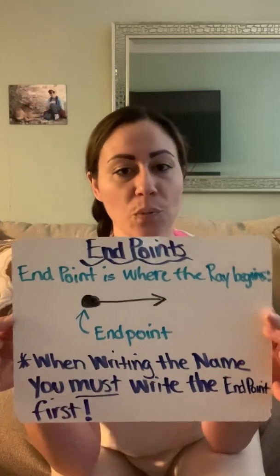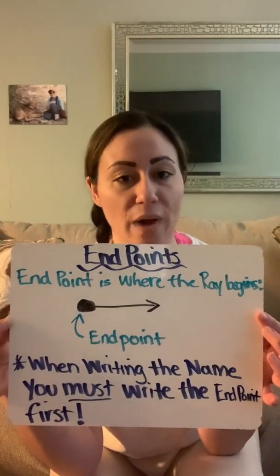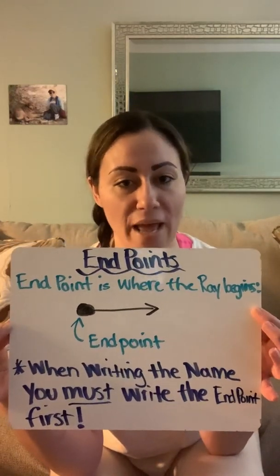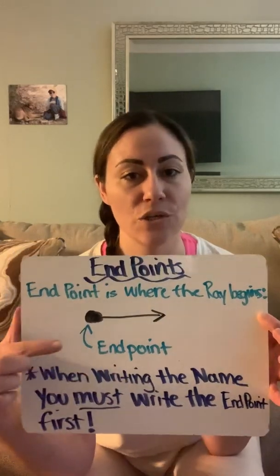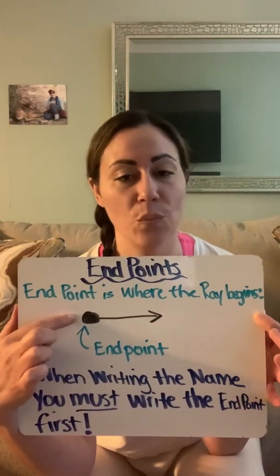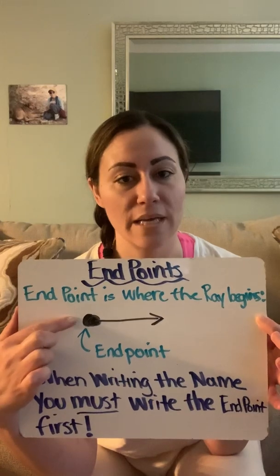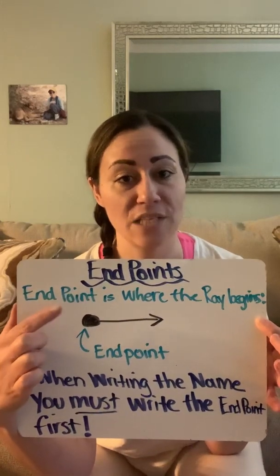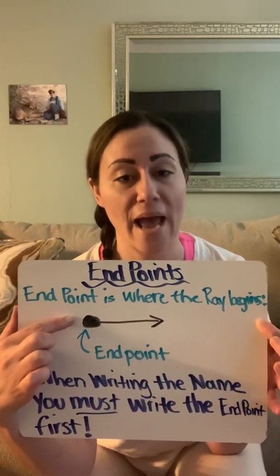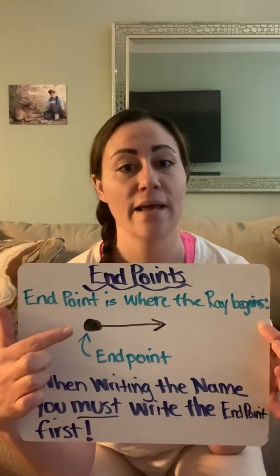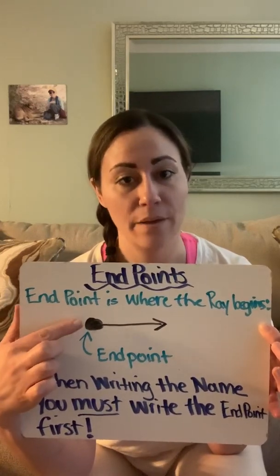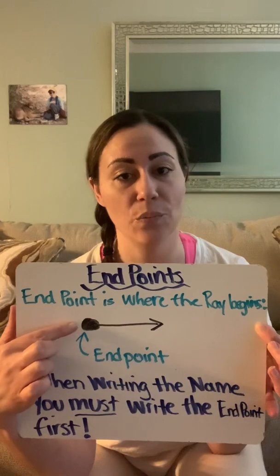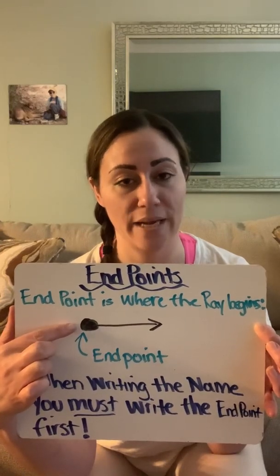It's very important to know that when you are writing the name of a ray, you must start with whatever letter is at the endpoint. So if this was A, I would have to name my ray starting with A.